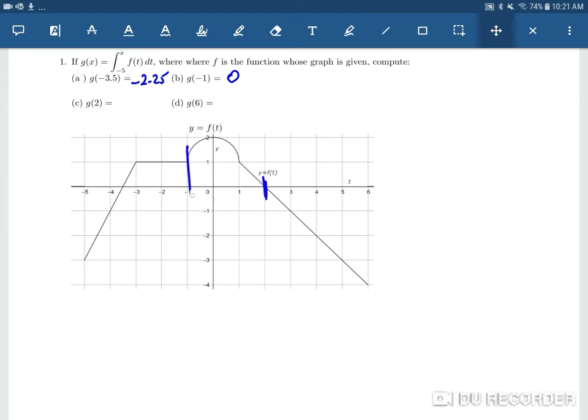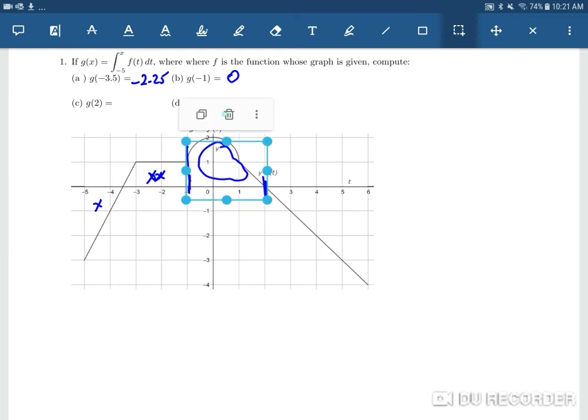We already know that the integral up to this point is 0. So that's this plus that is 0. So what we're going to calculate is the area of that one, and that will give us what we want.